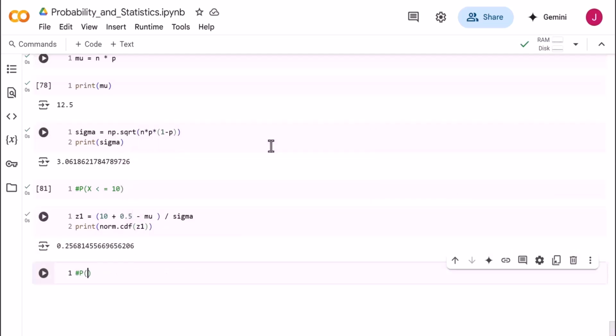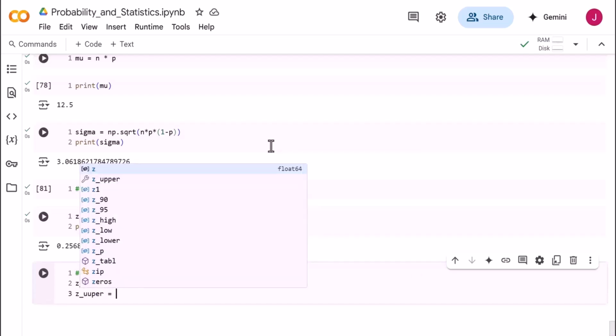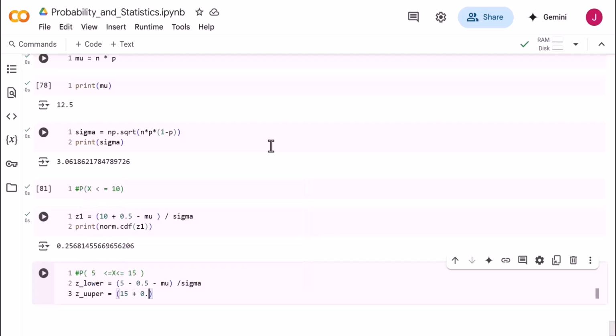Now I want to calculate the probability of X between 5 and 15, right? So for this one, I go for a lower bound and an upper bound. For the lower bound, for continuity correction, I go for 4.5 instead of 5, and for 15, I go for 15.5, right? Z lower is equal to 5 minus 0.5 minus mu, divided by sigma, and Z upper is equal to 15 plus 0.5 minus mu, divided by sigma.